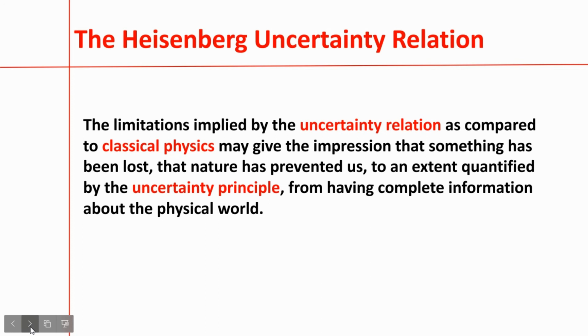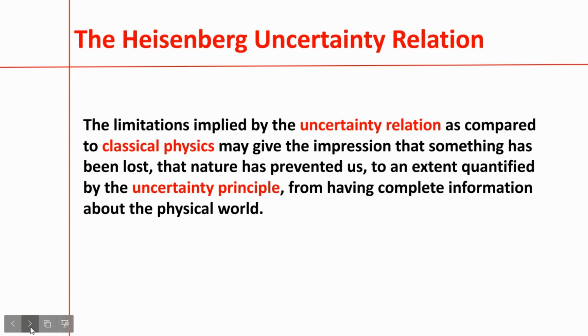To someone wedded to the classical deterministic view of the physical world, and Einstein would have to be counted as one such person, it appears to be the case that there is information that is hidden from us. This may then be seen as a cause for concern because it implies that we cannot, even in principle, make exact predictions about the behavior of any physical system.